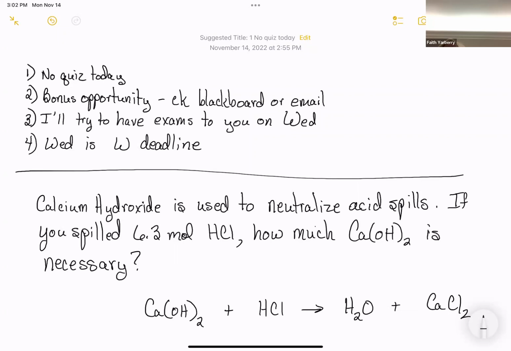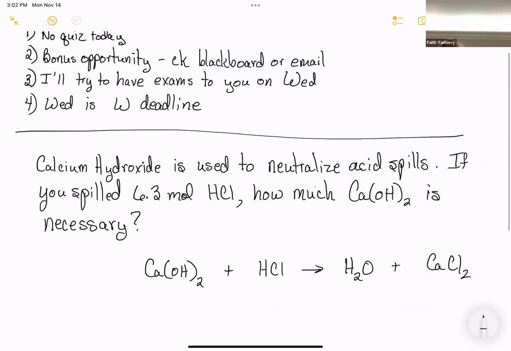We talked about the fact that we have to follow the law of mass conservation, so we have to balance chemical reactions. Anytime you see a reaction, your first step should be to balance it or at least make sure it's balanced.